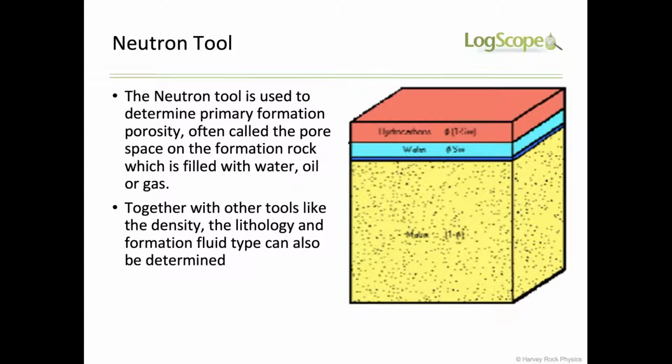The things that can affect the porosity determined by the Neutron tool are clay, and if you have a lot of gas, you will experience, particularly in high porosity, an excavation effect, which means that it's going to give you a higher porosity, or rather there are going to be lower numbers of neutrons reflected back to the tool.